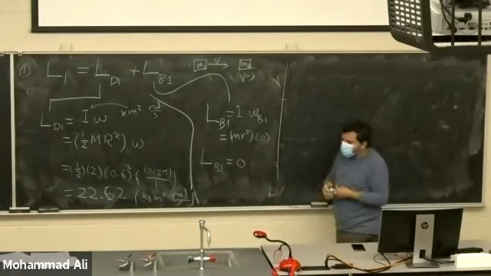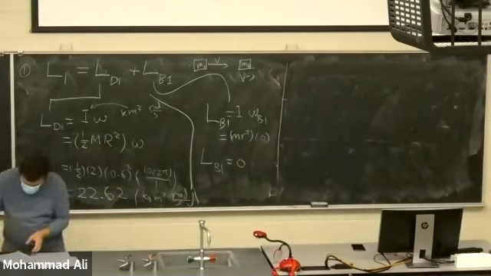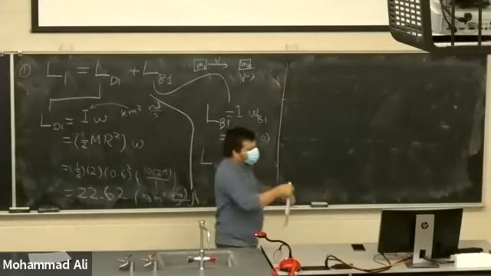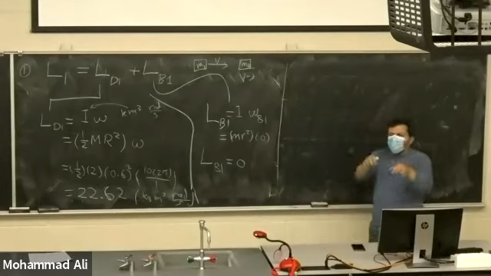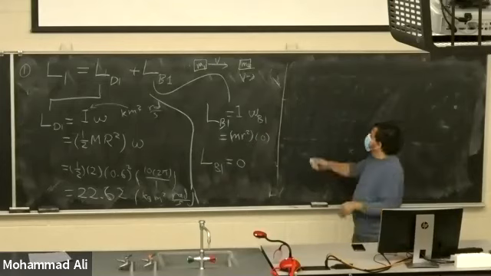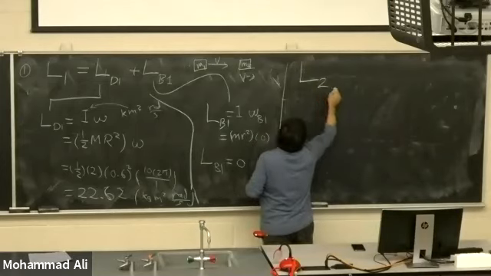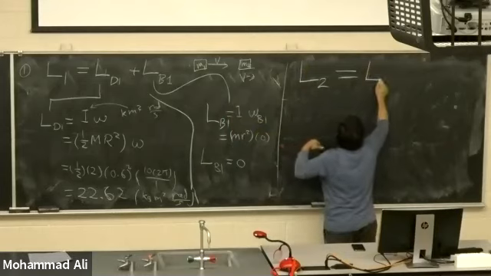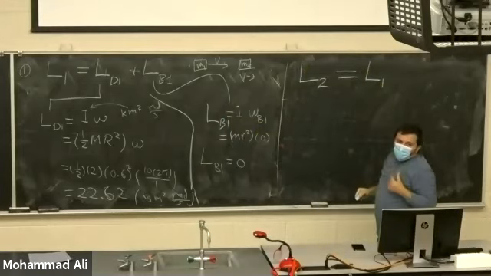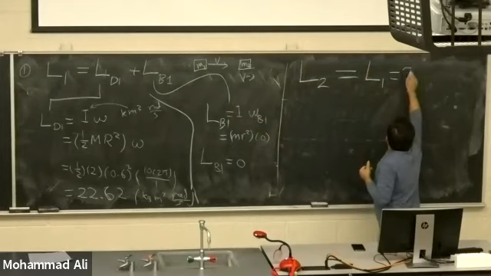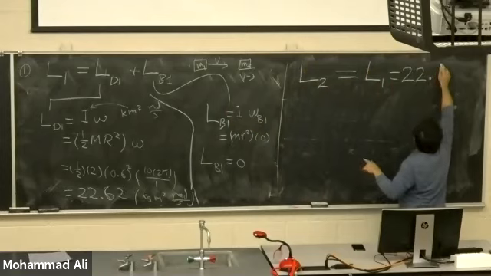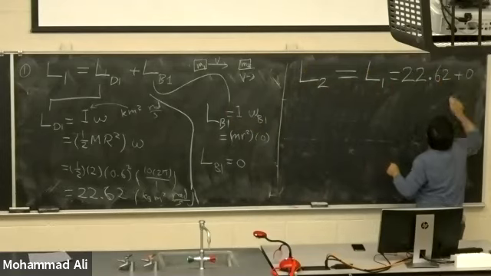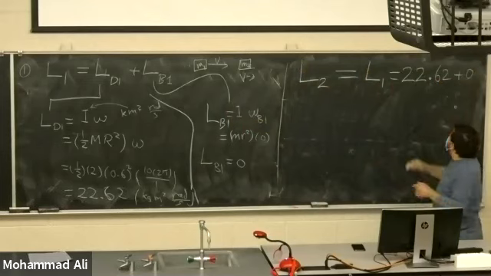Now, what we need to compute later is the final angular momentum. We have the initial angular momentum and the final angular momentum. The angular momentum is just like the momentum: it is conserved. So the angular momentum later is equal to the angular momentum before, which is equal to 22.62 plus 0, which is equal to this number.